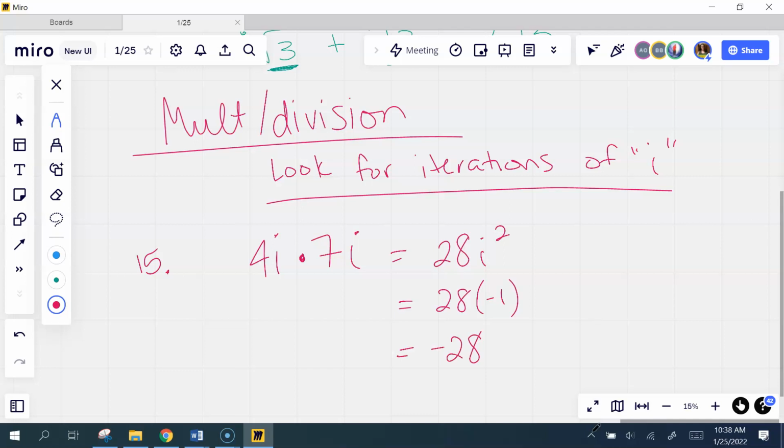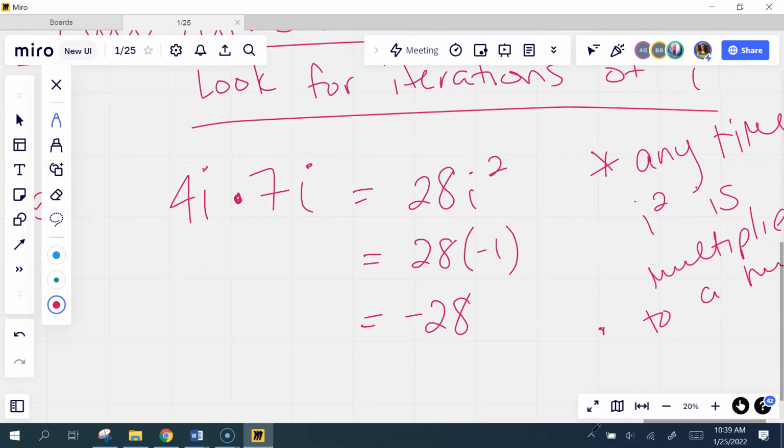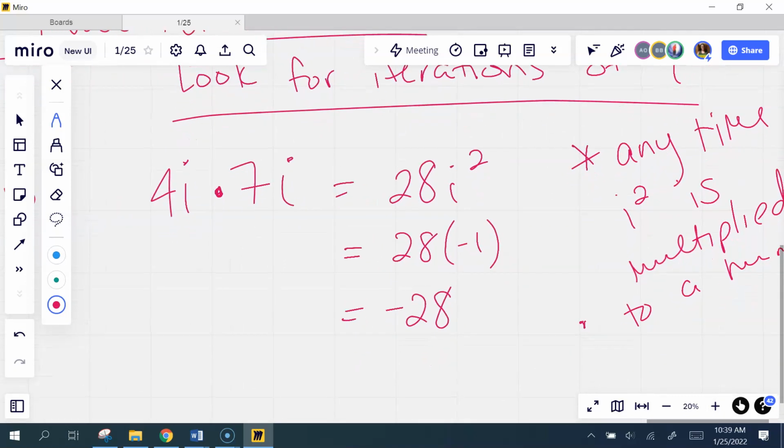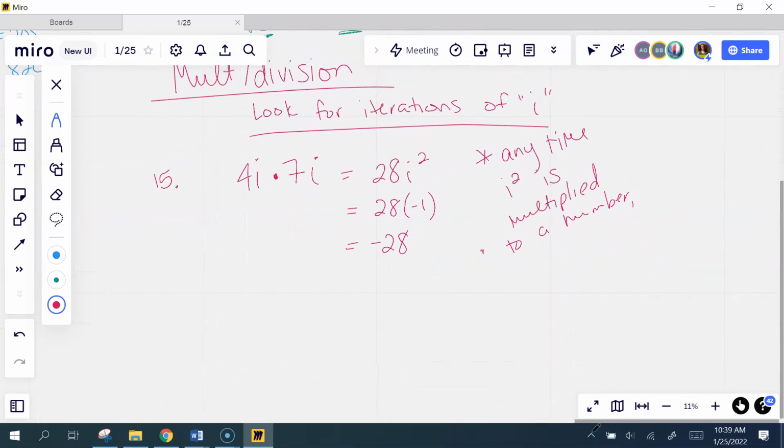And in fact, anytime i squared is multiplied to a number, it just changes the sign of the number.